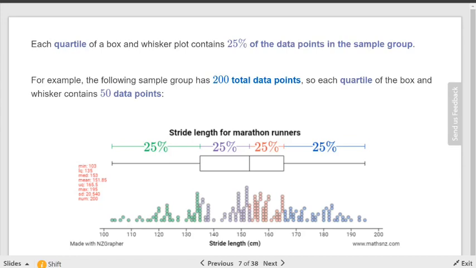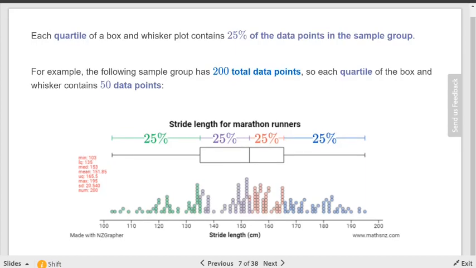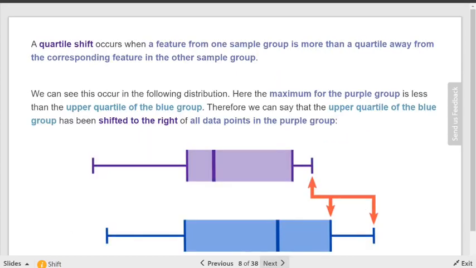You need to support it with numbers and show that you understand not only what the graph looks like, but what it means. That's the difference between merit and excellence right there. So this means that 50 of the people were taller or whatever. Okay? So make sure that you include those things in your analysis.